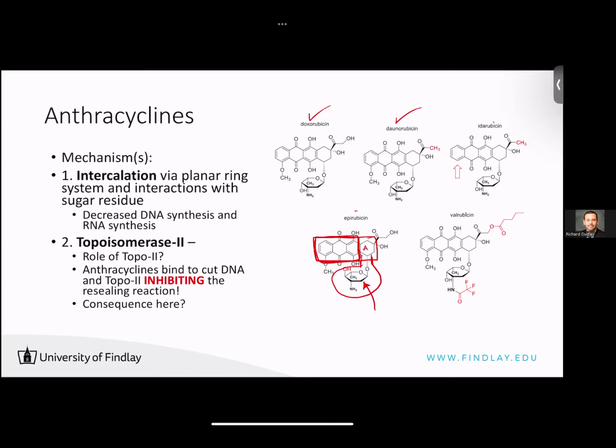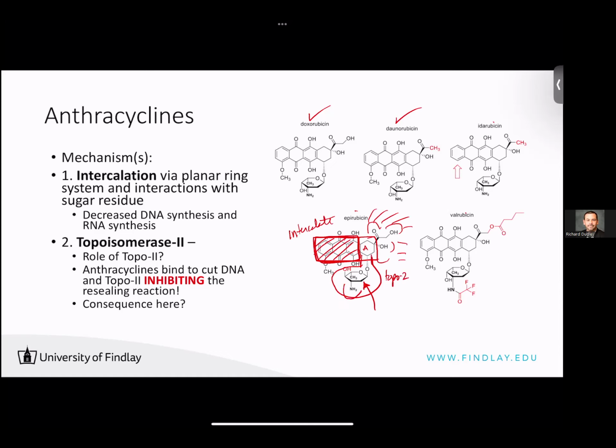So what you end up seeing is, for example, in epirubicin, this area is going to intercalate, this area here is going to bind to topo 2.